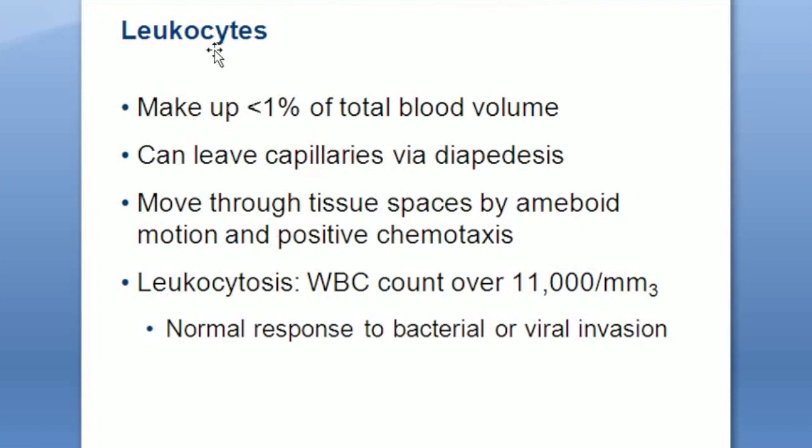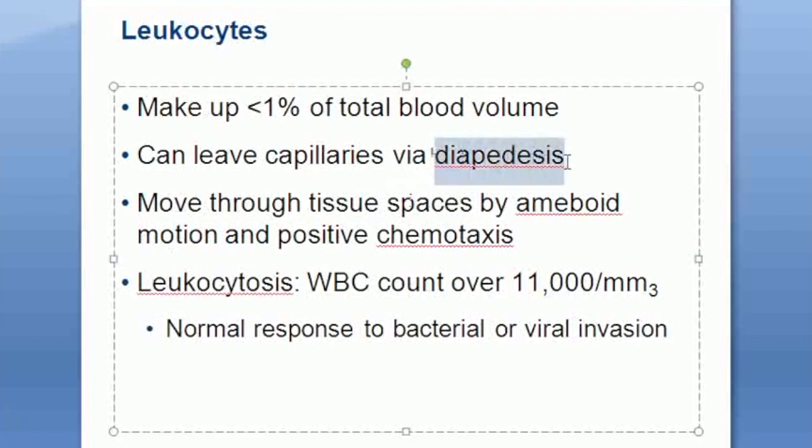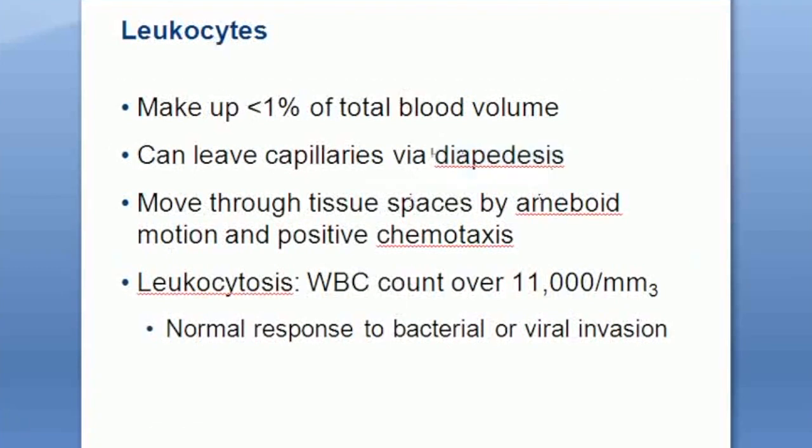The white blood cells actually leave and squeeze through a capillary. That process is called diaphoresis, when they squeeze out of the capillary. Then they get out there into the tissues. There's a capillary. Here's what happens.